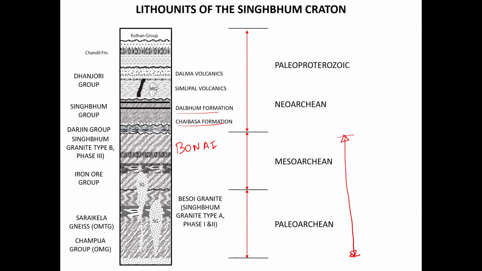Then comes the Hanjori group. The Hanjori group consists of basal conglomerate, arkose, quartzite, and extensive lava flows. It sits unconformably over the Singhbhum granitoid complex, and it is considered to be the first volcano-sedimentary sequence deposited after intrusion of Singhbhum granite type B. The terrestrial fluvial deposits are overlain by mafic, ultramafic volcanics and volcaniclastics.